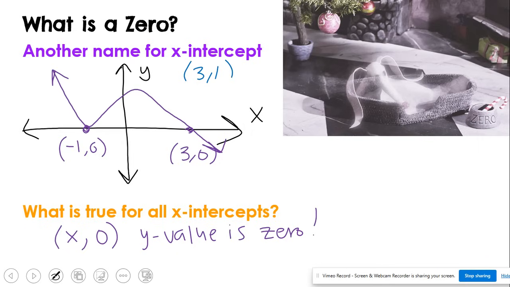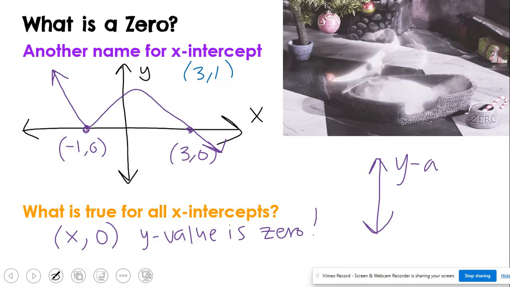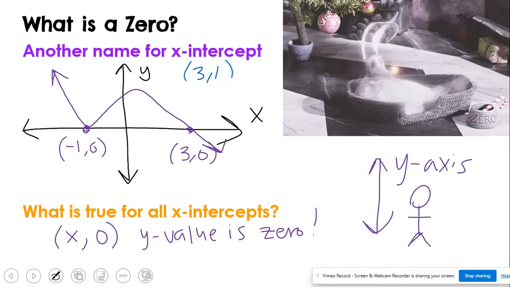And something that's a little bit more conceptual is a lot of times the y-axis, this up and down y-axis, tells us like a height, like as if you were drawing a little person, right? So that tells us the height.